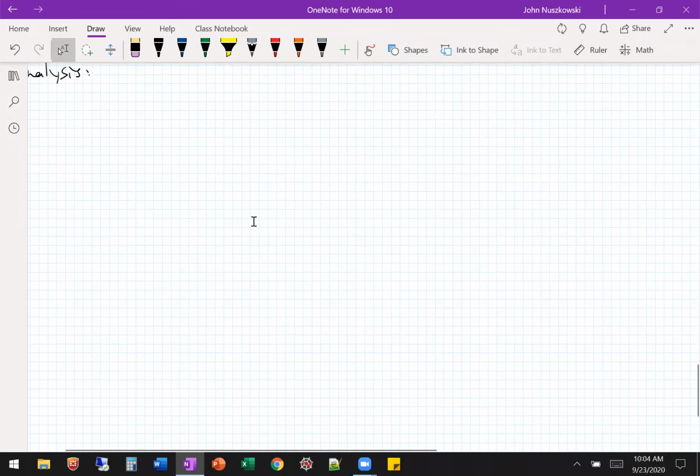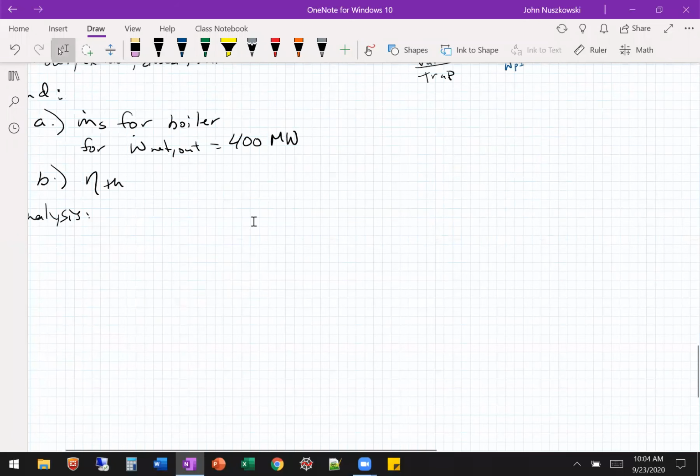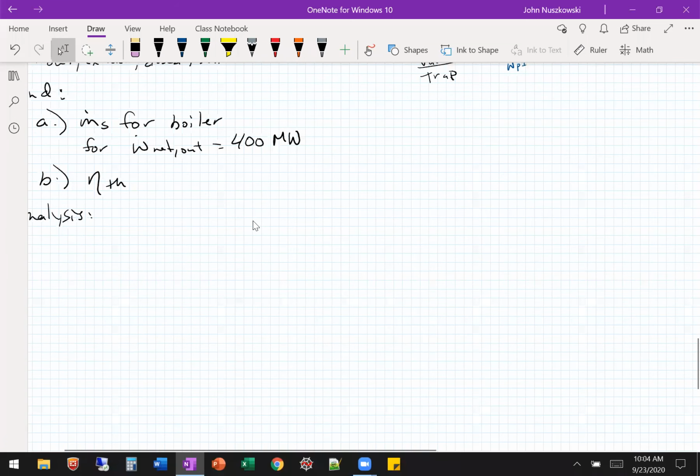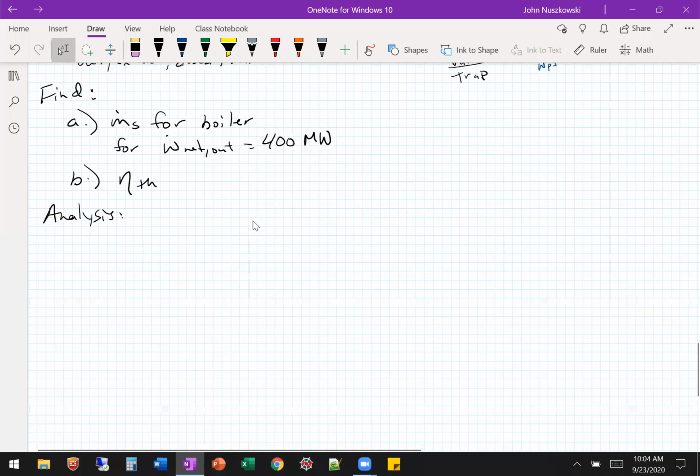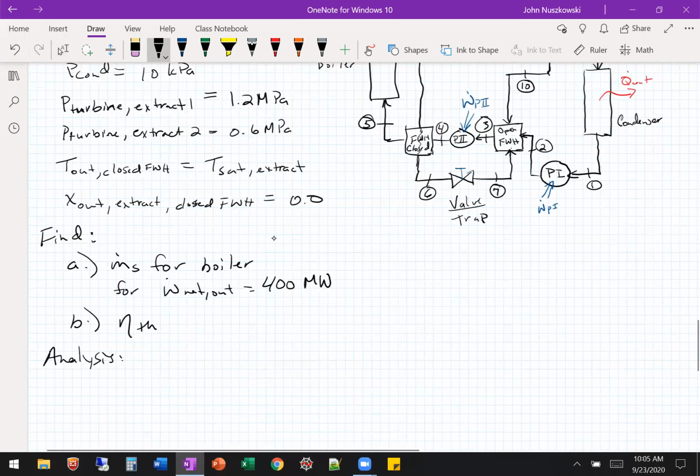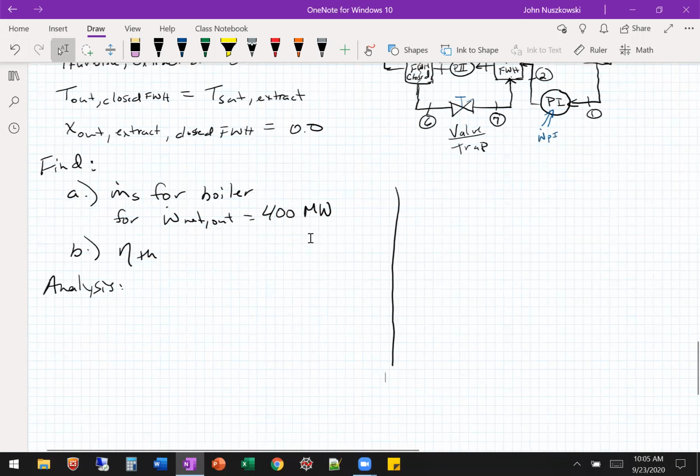All right, so then our table. Oh, actually, let's do our TS diagram. And then we can do our table here. All right, so TS diagram, we got a vapor dome.